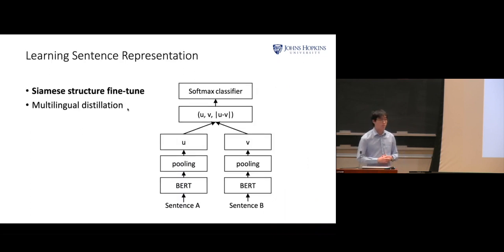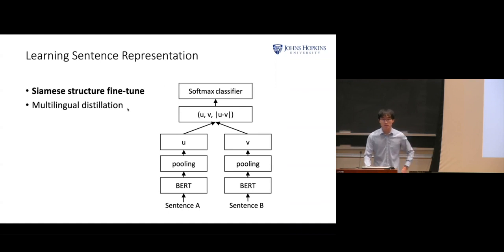First of all, I want to cover some important previous work. I think the most widely adopted previous work is this Siamese structure fine-tuning approach, such as Sentence-BERT. If you have a pre-trained model such as BERT, RoBERTa or XLM-RoBERTa, you can use them to encode two different sentences, A and B, and by computing their cosine similarity loss or using a softmax classifier to fine-tune their parameters, we align the representations or embeddings of these two sentences with our model.